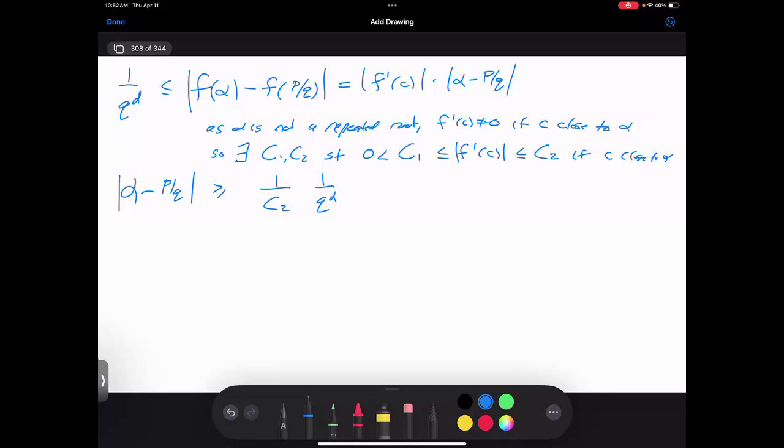So imagine we have infinitely many relatively prime p over q such that alpha minus p over q is less than or equal to 1 over q to the d plus epsilon. Well, that's 1 over q to the epsilon times 1 over q to the d.